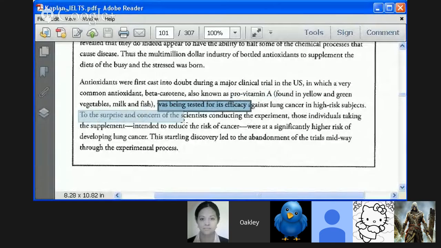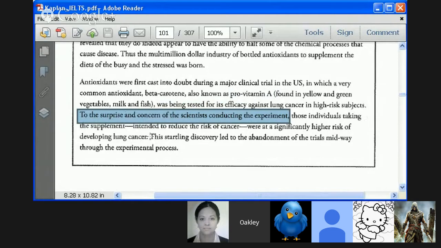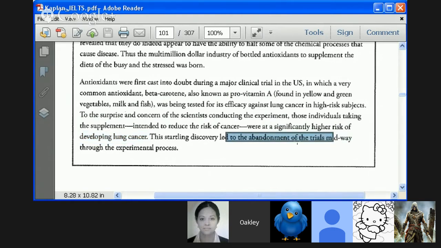To the surprise and concern of the scientists conducting the experiment, those individuals taking the supplement used to reduce the risk of cancer were at a significantly higher risk of developing lung cancer. This discovery led to the abandonment of the trials.